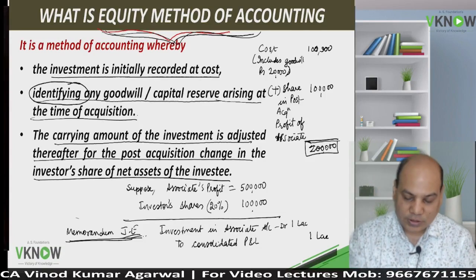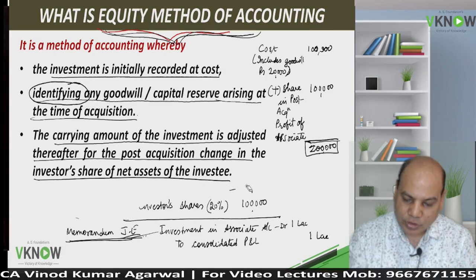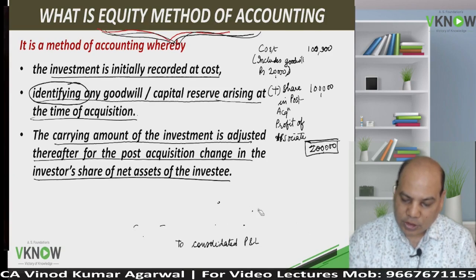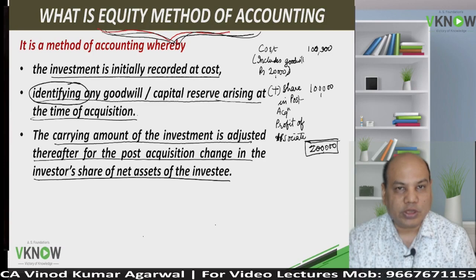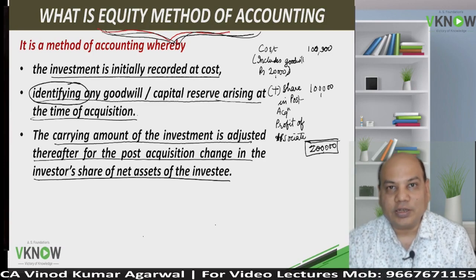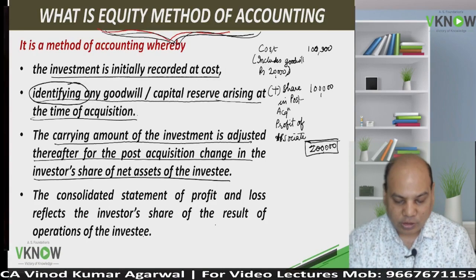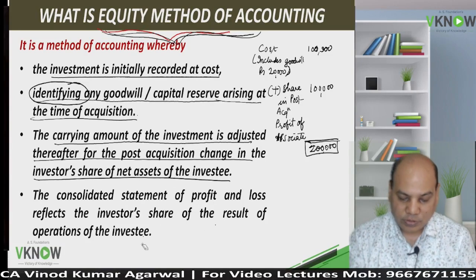So what is my next adjustment? Let me first erase this, because this standard is very short, simple, nothing great. Every time the associate makes profit or loss, you will have to increase or decrease the carrying amount of investment with a corresponding effect in the consolidated profit and loss account. And the same point is written here: the consolidated statement of profit and loss reflects the investor's share of the results of the operation of the entity.